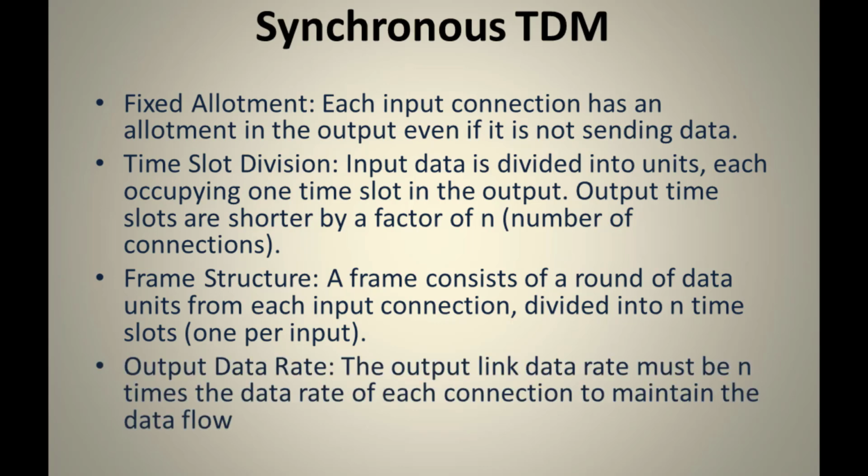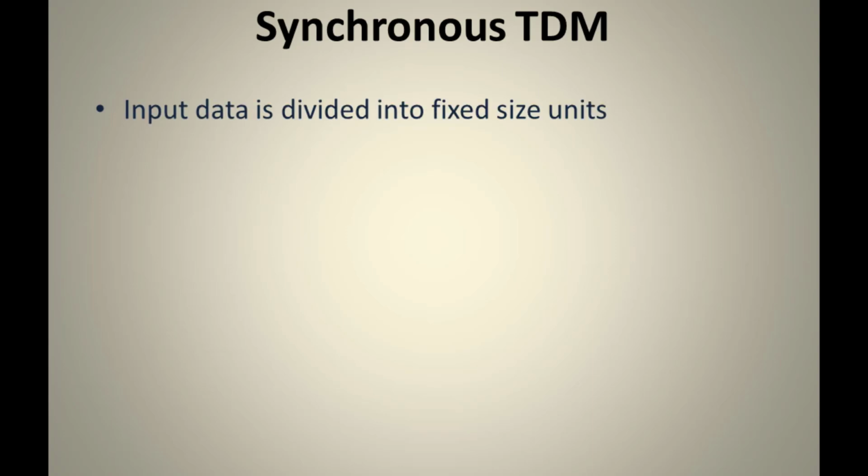Now output data rate. The output data rate must be n times the data rate of each connection to maintain the data flow. Suppose we have 4 inputs, then the link's data rate must be 4 times faster than each particular channel, because it must support 4 channels. In this case, input data is divided into fixed size blocks.